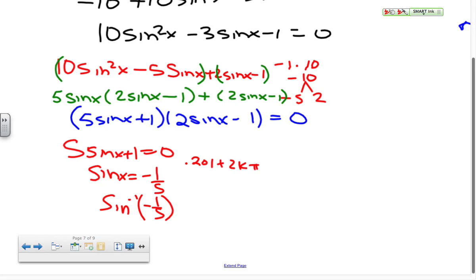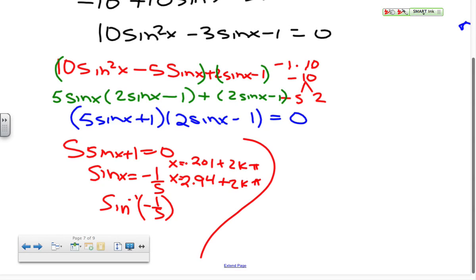Now remember the second solution is pi minus that. I left out a step. I said I know that my first solution is this, that's calculator work. Then I do pi minus that to get 3.34 plus 2k pi for that.